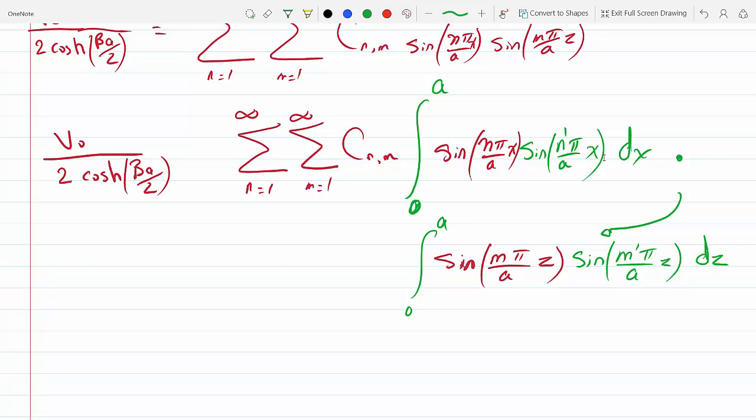So I'm supposed to multiply this side also by sine n prime pi over a x, and then dx on this one.